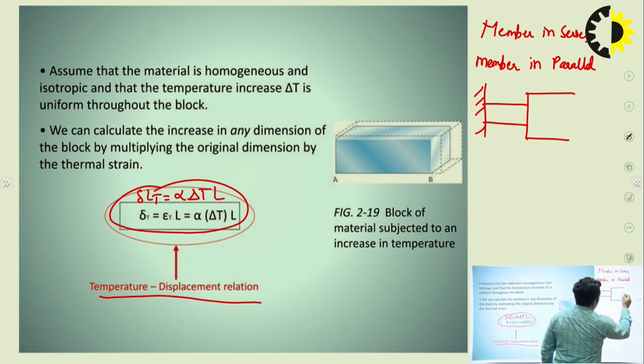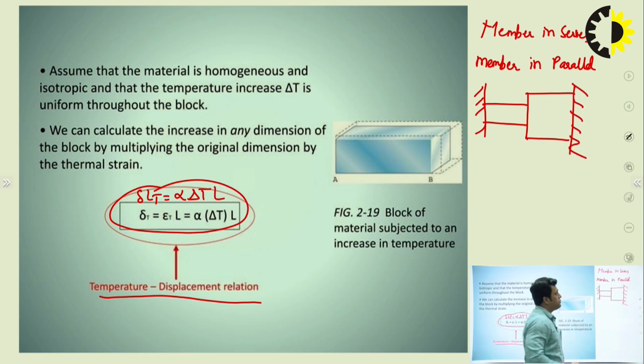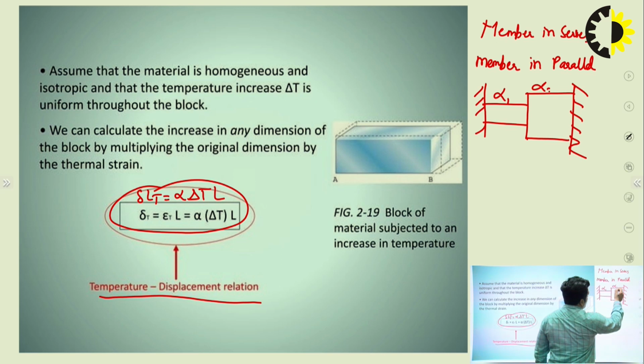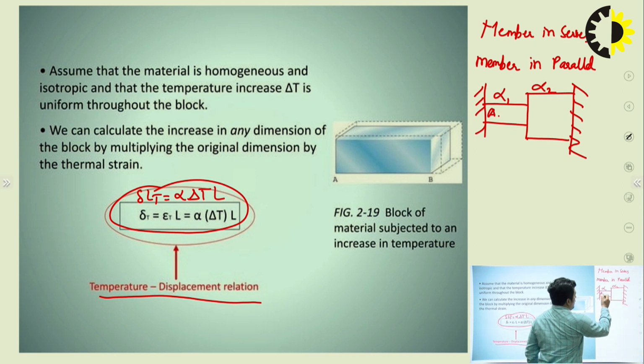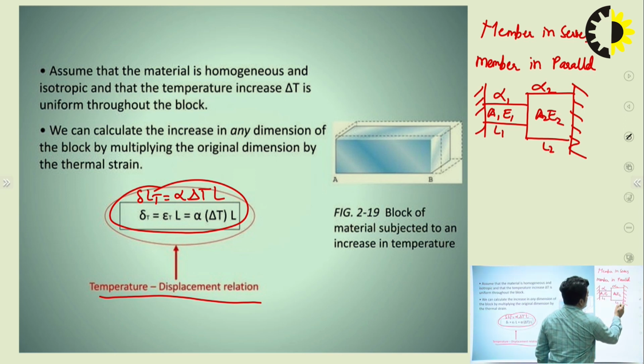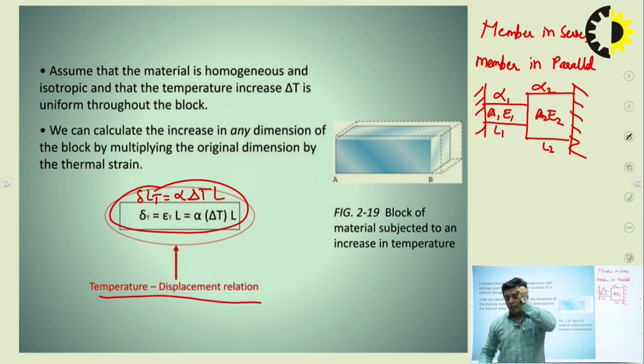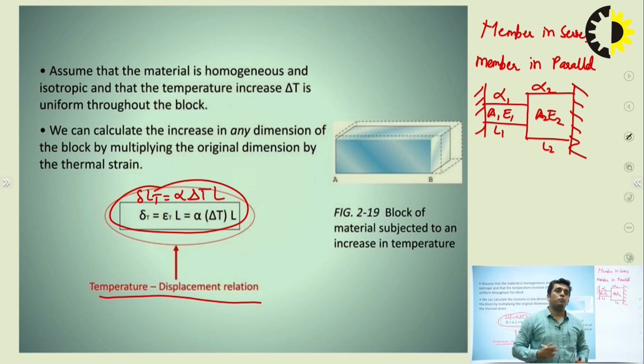Suppose there are two members connected in series. We can say this is alpha 1 and this is alpha 2, the coefficients of thermal expansion. The area is A1, modulus of elasticity E1, A2, E2, this length is L1 and this length is L2. These two members are connected in series. Now, what is the property of alpha?